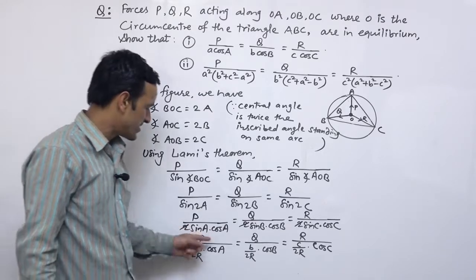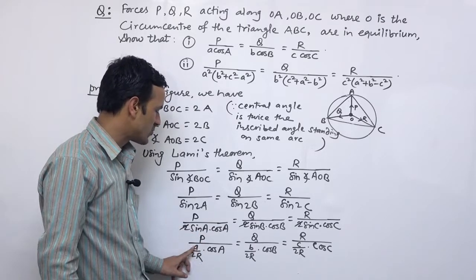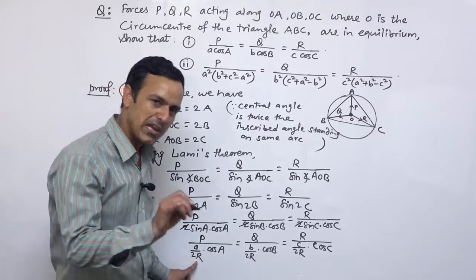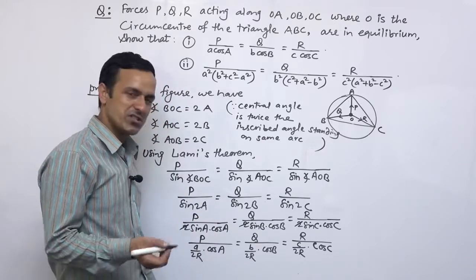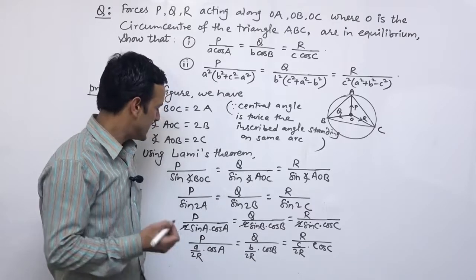So from trigonometry we can write sin A is equal to a by 2R, or small a is equal to 2R sin A. This is known as the sine law in trigonometry.